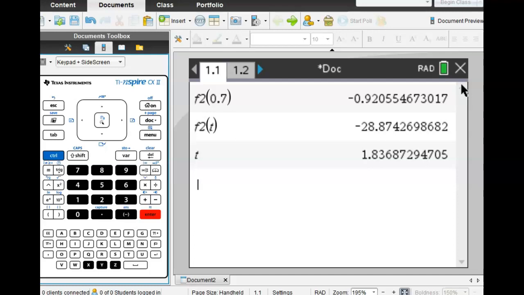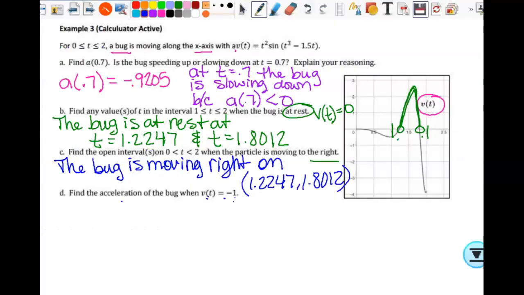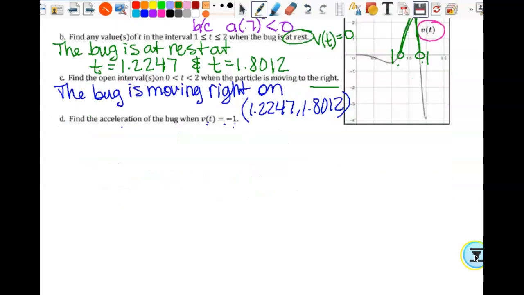Okay, let's go back and answer this question. It says find the acceleration of the bug.